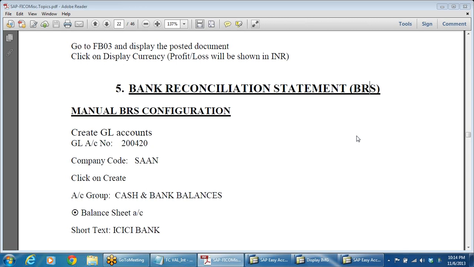Not exactly. There is a specific answer for it. Okay. No, not rectifying errors. See here, I'll show you one thing. Cash entries.